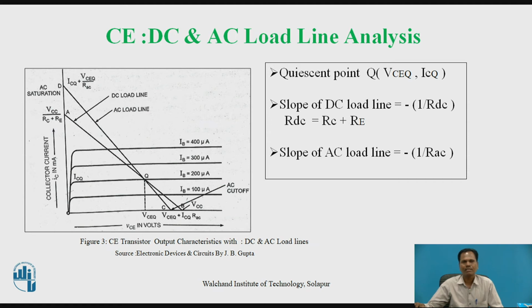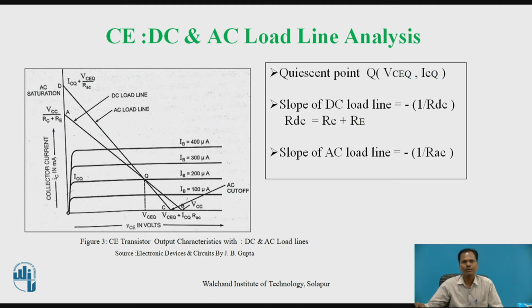So why is this line called a load line? Because the slope of this line depends upon the DC load resistance of the transistor, that is RDC, given by RC plus RE. The slope of this line is negative. The minus sign indicates that the slope is negative, that is given by minus 1 upon RDC.